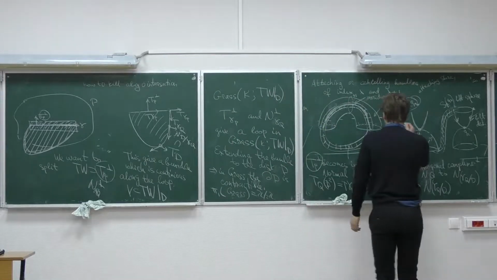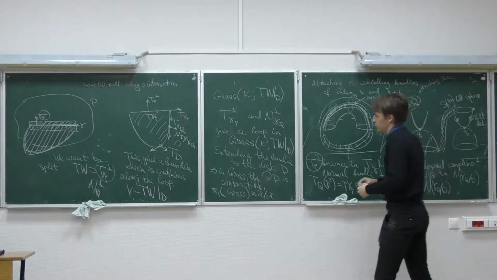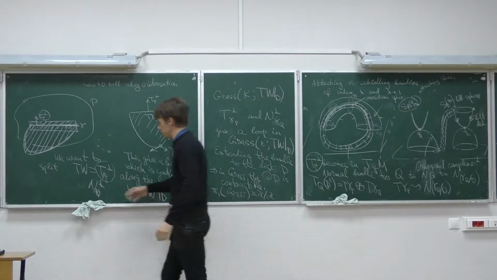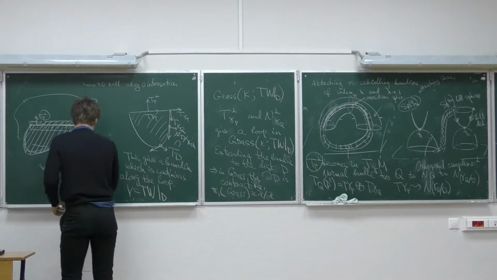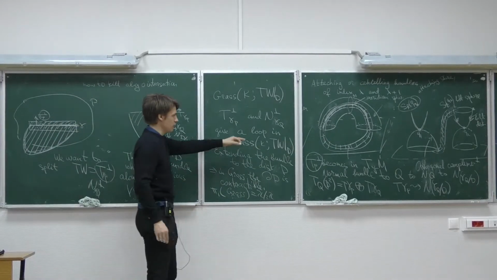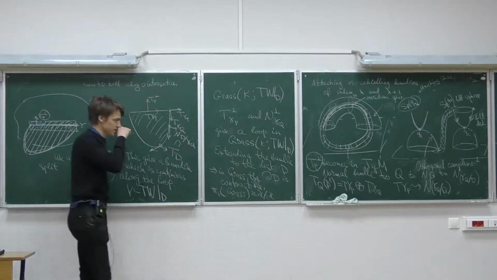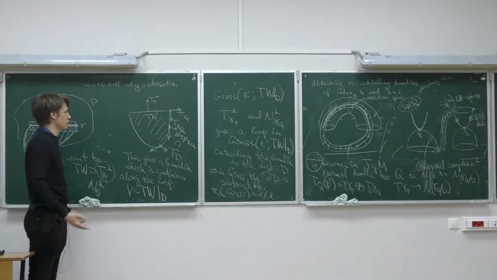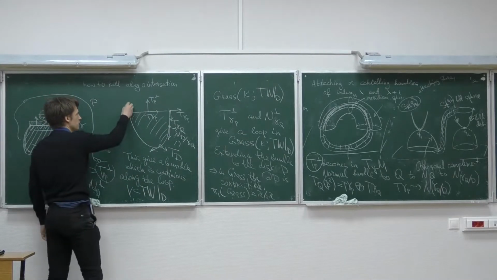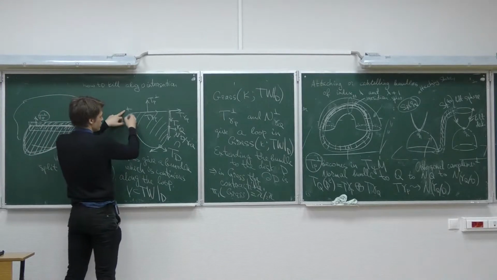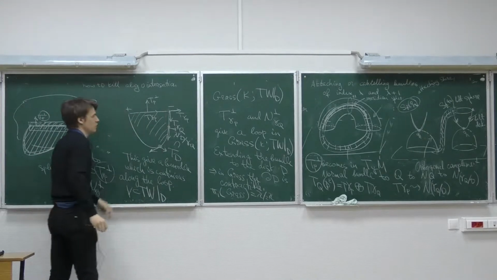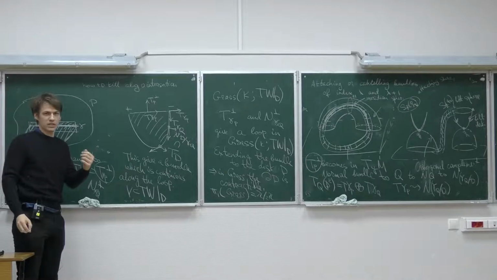And exactly why the Whitney trick works, because here one point is taken with positive orientation and one point is taken with negative orientation.